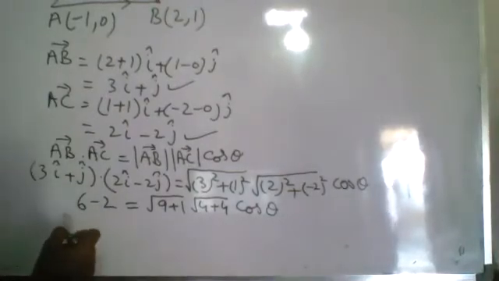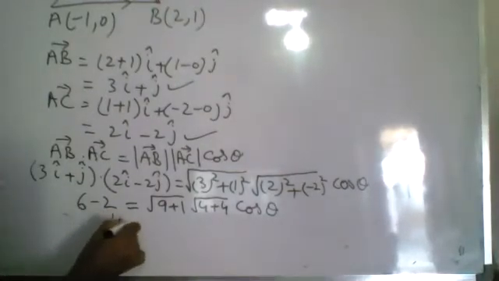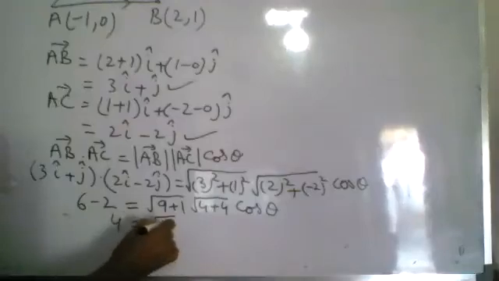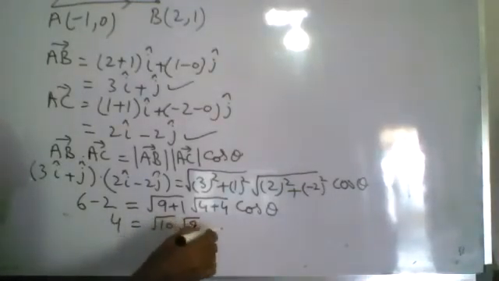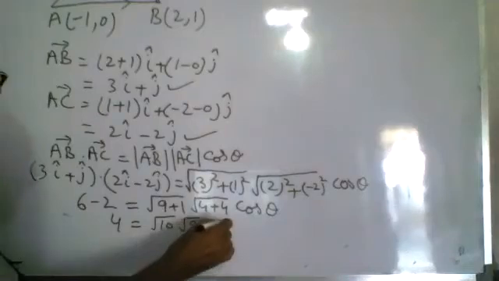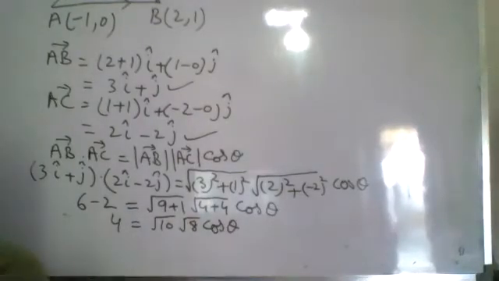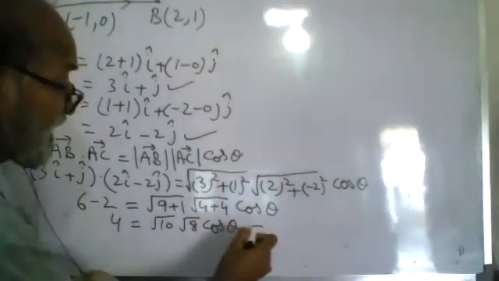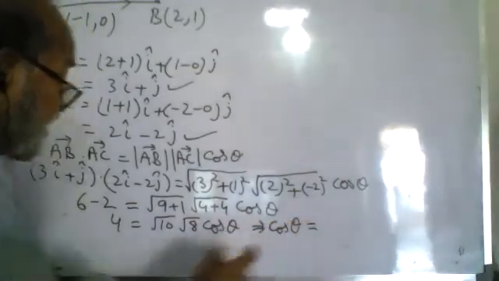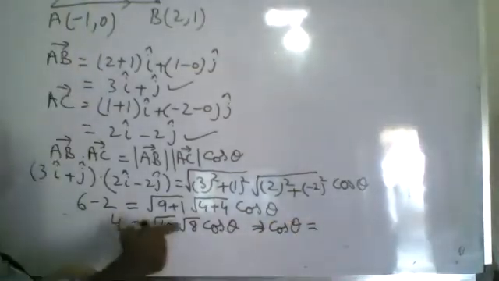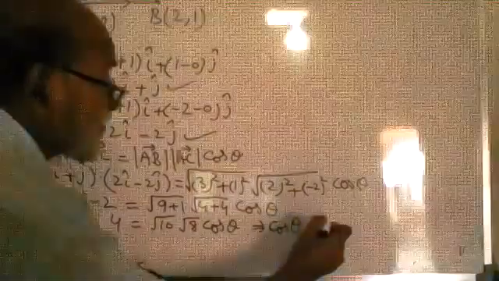It will become 4 equals under root 10 into under root 8 into cos of theta. So cos of theta will become 4 upon under root 80.